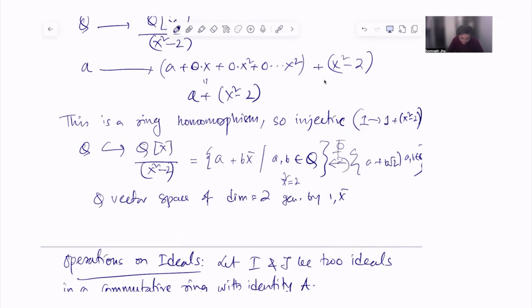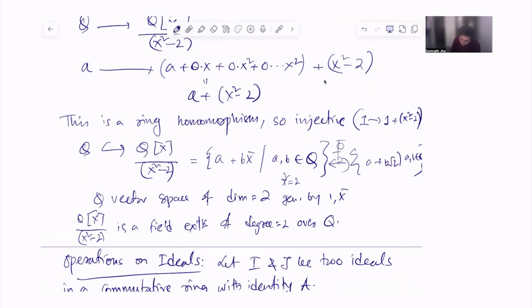Okay, so since it is a vector space of dimension 2, one says that Q[x] mod x square minus 2 is a field extension of degree equal to 2 over Q. And you see, what is this?